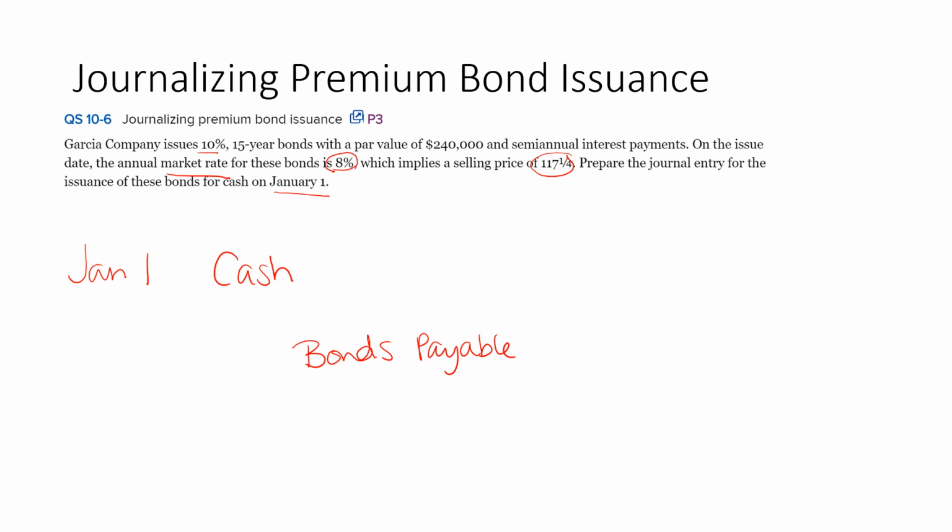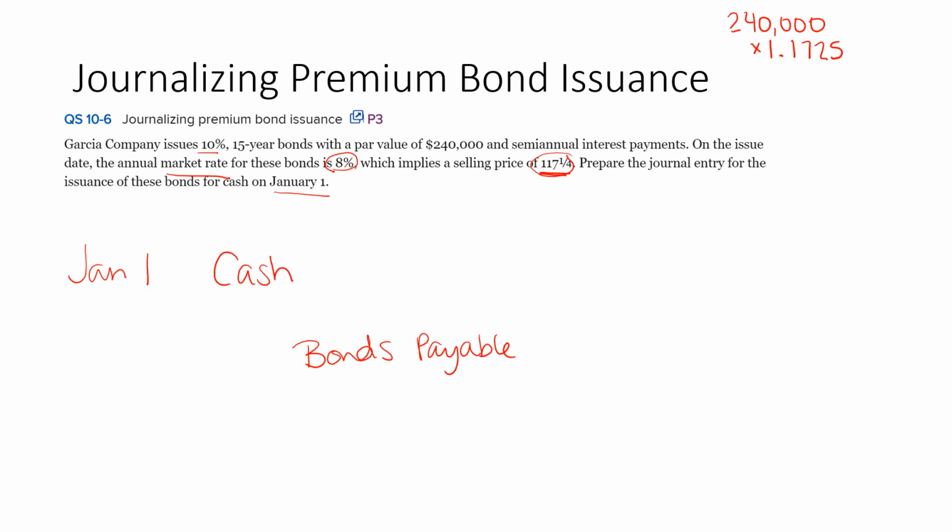To figure out the cash amount here, we take the par value of the bonds, $240,000, and multiply that by the rate that they give us for the selling price. So we're going to multiply that by 1.1725.